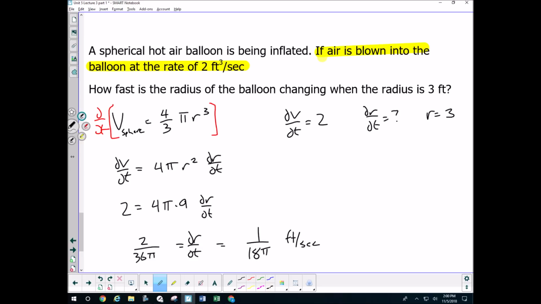Radius is just a distance, it's just a length, so it's going to be units to the first power. Make sure you have the pi in your denominator. I'm dividing by pi, dividing by 36 pi, really, and I get this. Okay, not that bad.